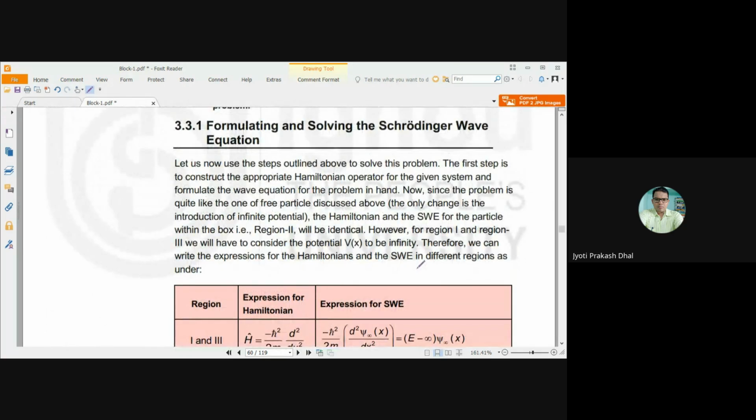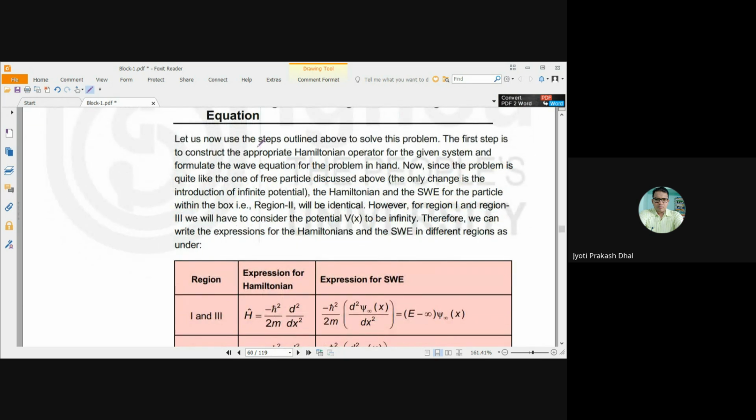Now, here we will formulate the Schrodinger wave equation for the particle moving in the one-dimensional box, and also we will solve that. The first step is to construct the appropriate Hamiltonian operator for the given system and formulate the wave equation for the problem in hand.